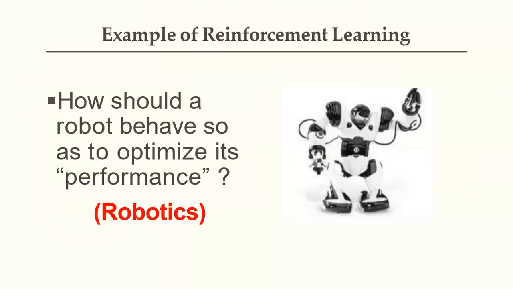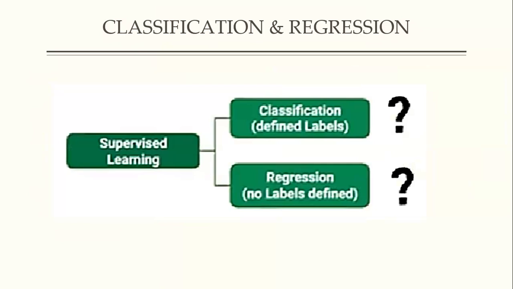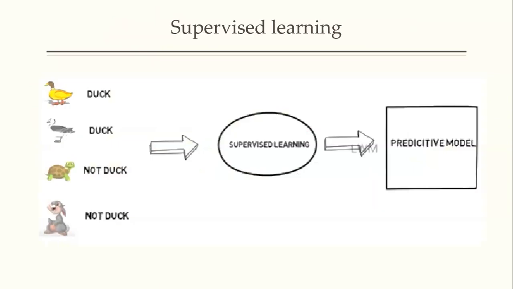See here. Supervised learning. As I told already, it has classification and regression, where classification means defined labels and regression means no labels defined. First, what do we do?